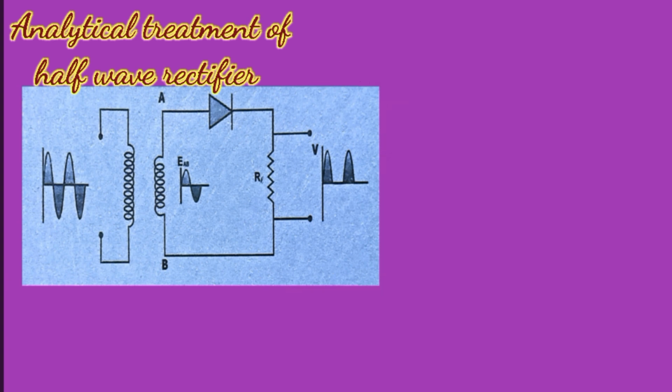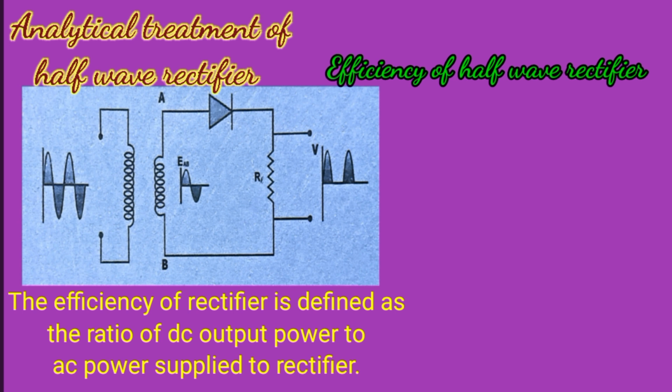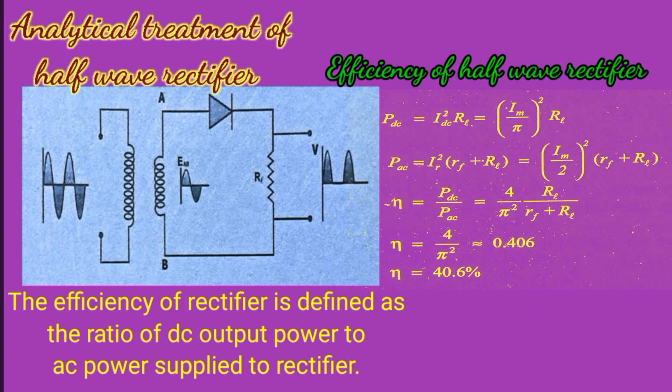Now let us calculate the efficiency of the half wave rectifier. The efficiency of a rectifier is defined as the ratio of DC output power to the AC power supplied to the rectifier. The output DC power PDC equals IDC square into RL, equals (Im upon pi) whole square into RL, and the input AC power PAC equals IR square into (RF plus RL), equals (Im upon 2) whole square into (RF plus RL).